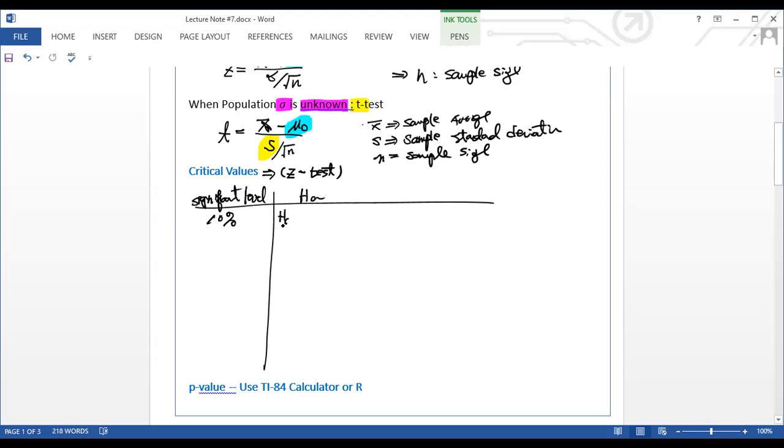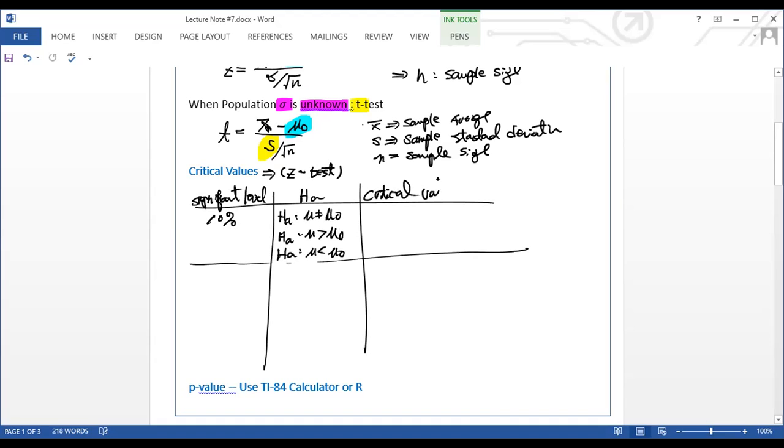This one here is two tail: mu is not equal to mu 0. And this is mu greater than mu 0. And this one here is mu less than mu 0. Okay, let's take a look at this one, and then you'll be able to find the other one by yourself.